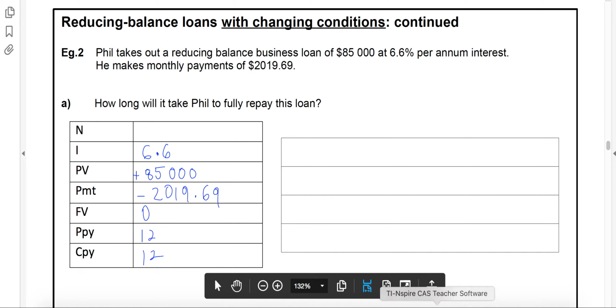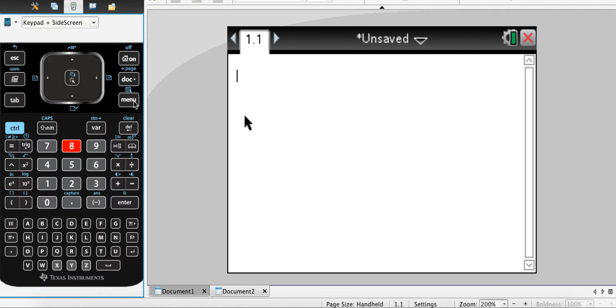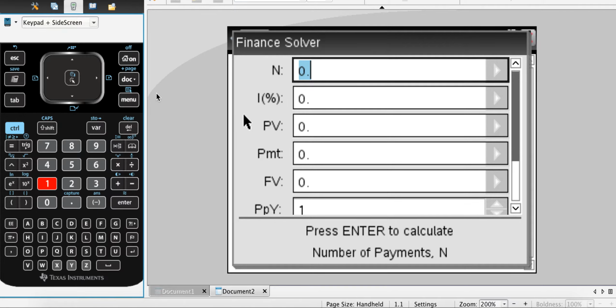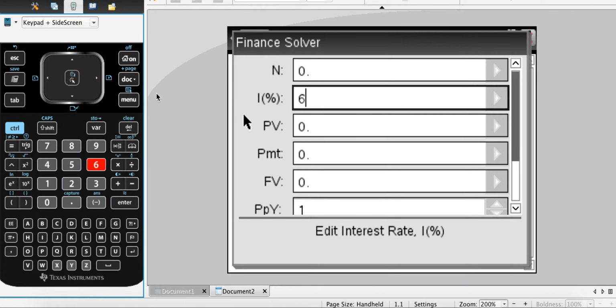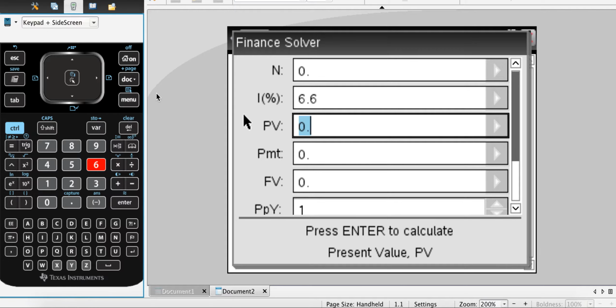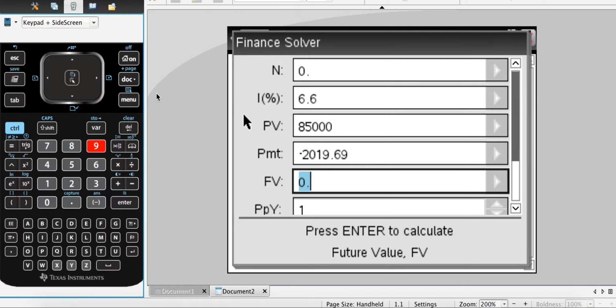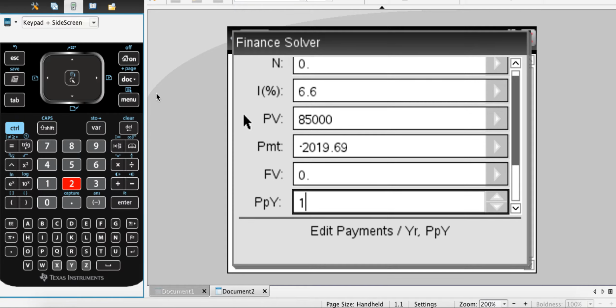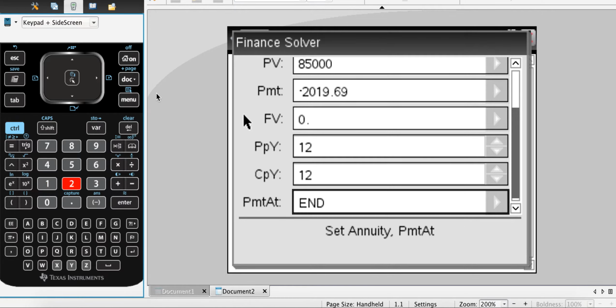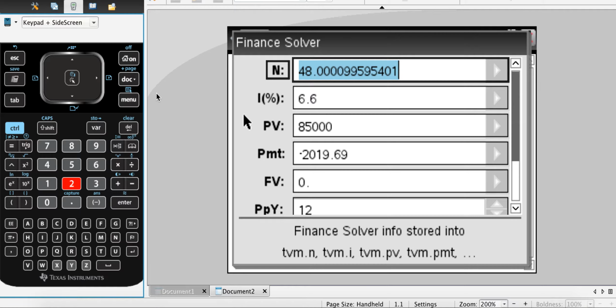Now, I might do this one quickly on the calculator so that I can show you just that copy and paste function. So we've got 6.6, 85,000, negative 2019.69. Okay. And we go up here and press enter.